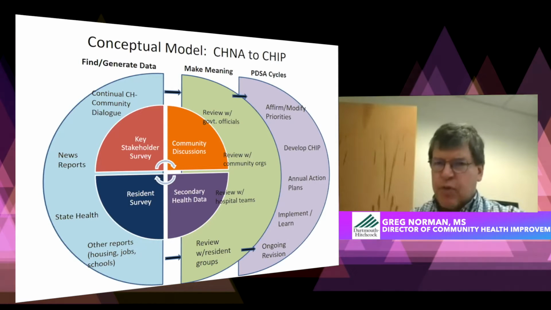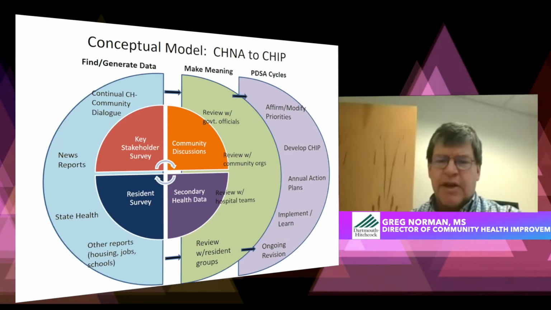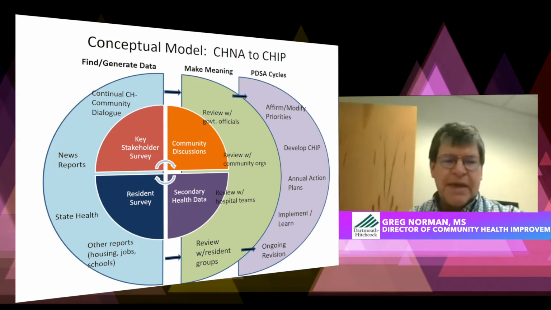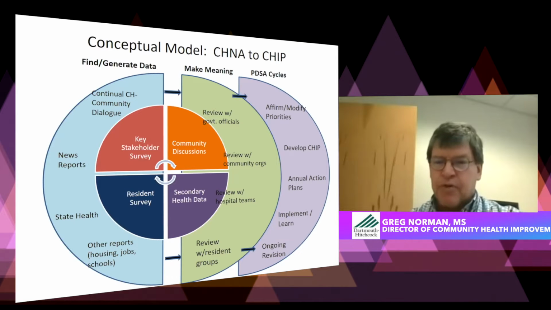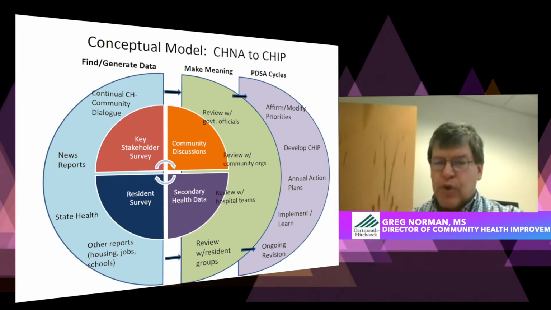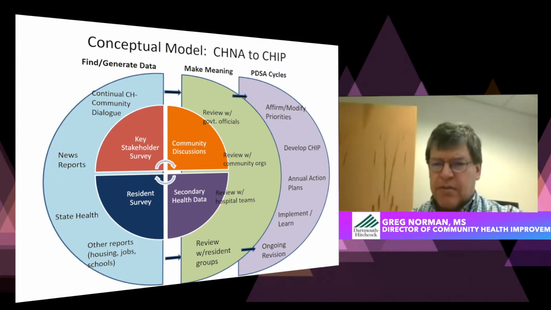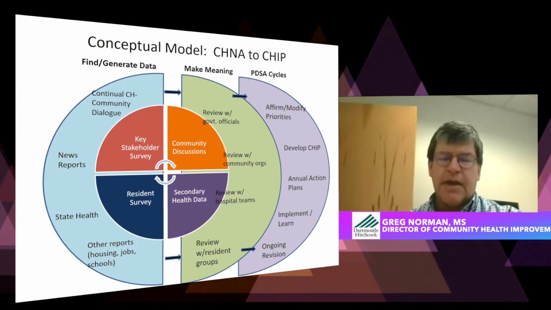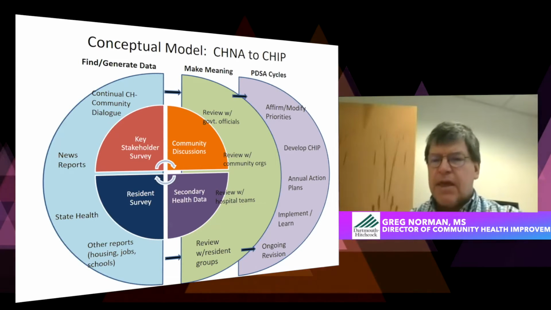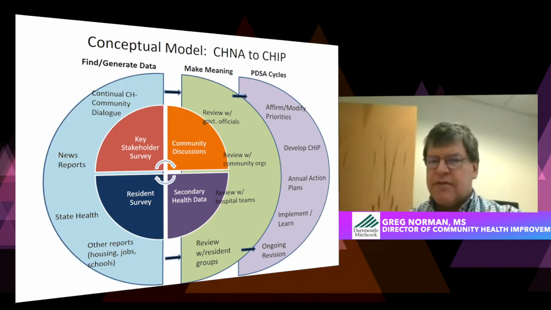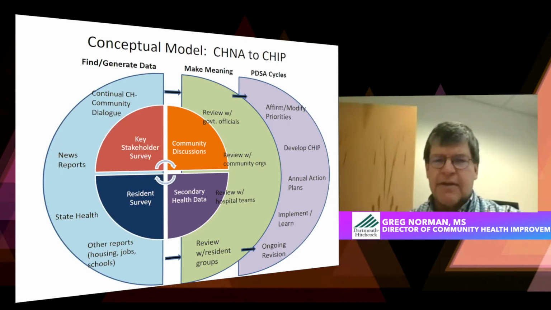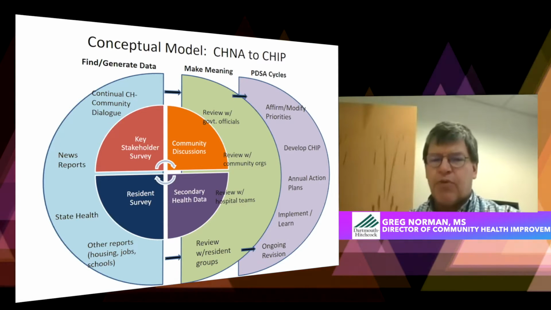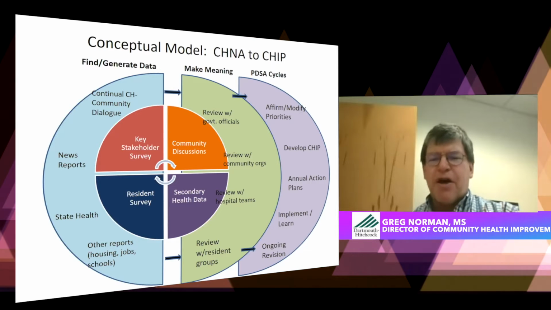So at the hospital level, we have what's referred to as a CHIP, or a community health improvement plan, where we begin to mobilize our budget and our academic experts at the hospital and other resources that we can bring to bear to try to address community dynamics that have been raised in a needs assessment. But also, this material then becomes available to other groups in the community who can similarly begin to use the findings of the needs assessment to think about their own planning processes. And I'll pause at that point.